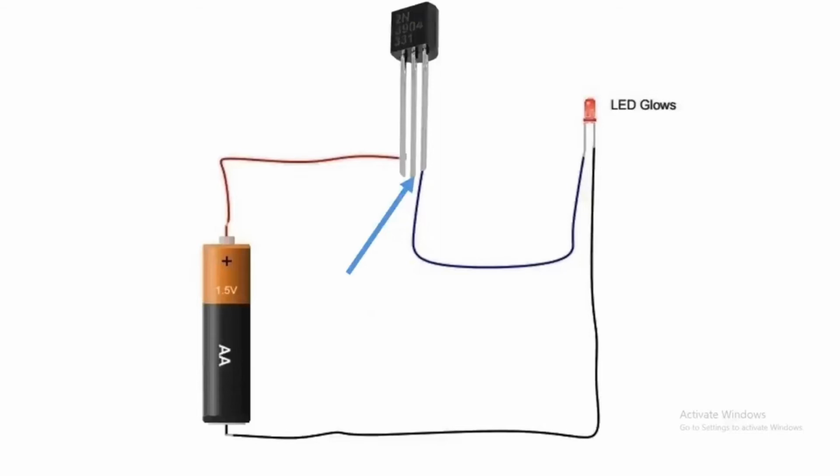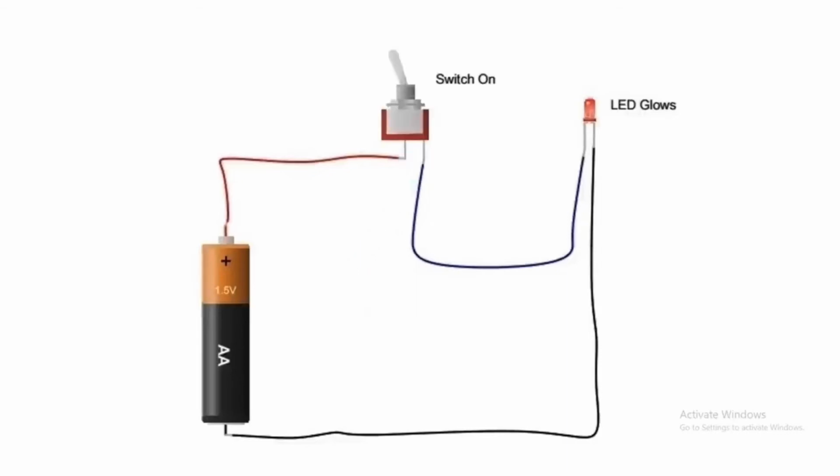The main answer is that we are not able to turn a switch on and off fast, while the transistor is very fast at switching. In 1 second you can turn the switch on and off maybe 10 times, while with a transistor we can turn on and off 100 times or 1,000 times in a second.